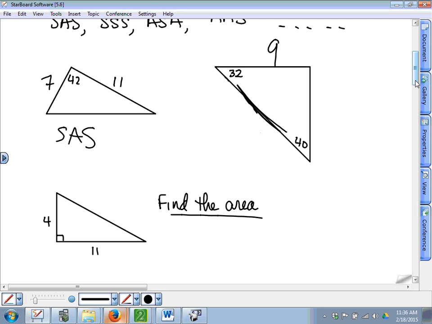This does depend on the fact that you can remember the area formula. If you don't use it all the time, it might be pretty easy to forget. It's not a super hard formula though. Does anybody remember it?